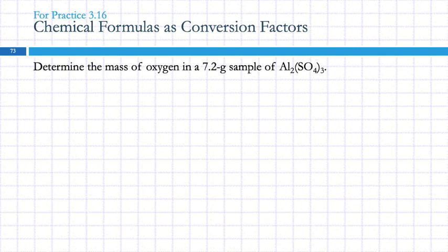Determine the mass of oxygen in a 7.2 gram sample of Al2(SO4)3. I've got one number there, and we want the mass of oxygen. So I have 7.2 grams of Al2(SO4)3, and I want to find grams of oxygen.